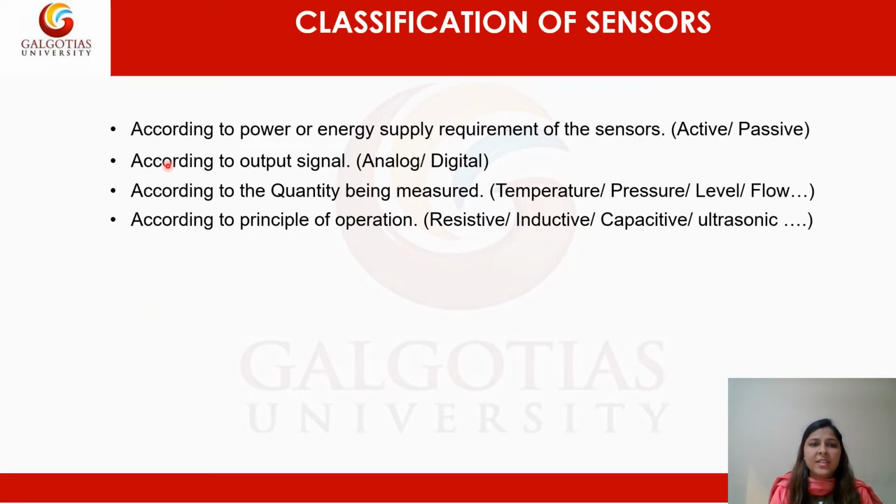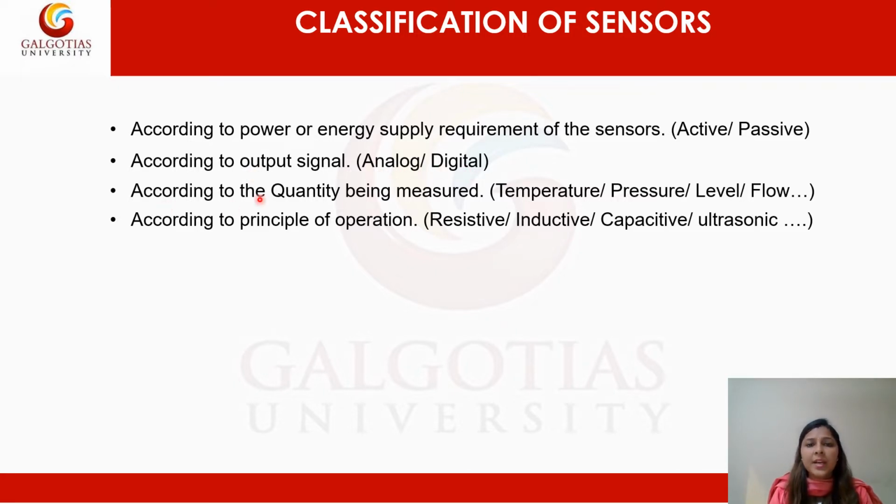So we can classify sensors according to the energy and power requirements. On the basis of this classification, sensors can be active sensors or passive sensors. According to the output signal obtained from the sensors, we can categorize our sensors as analog sensors and digital sensors.